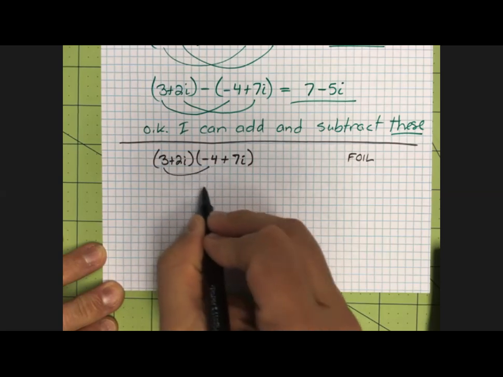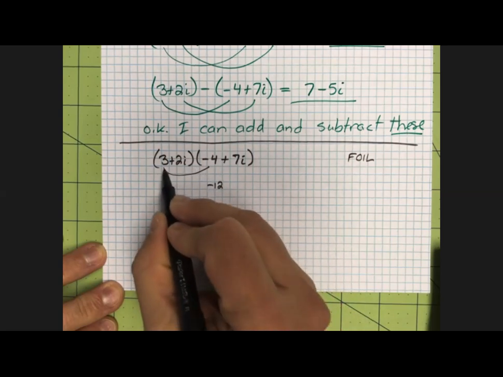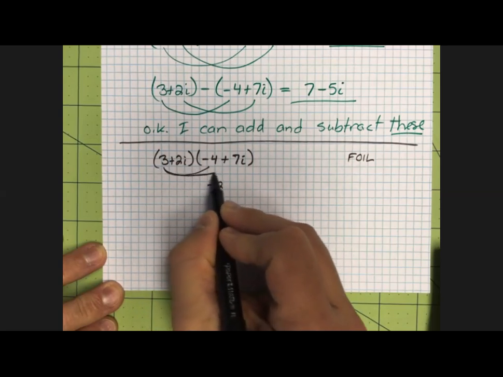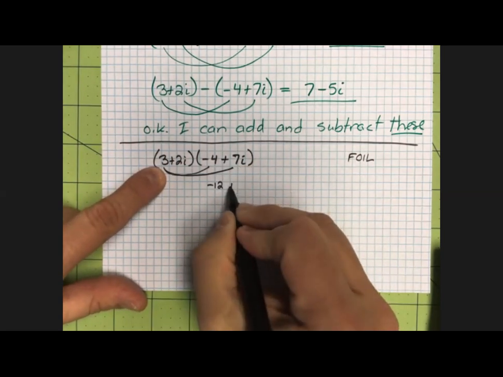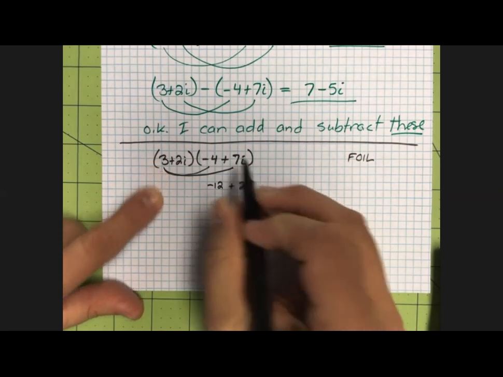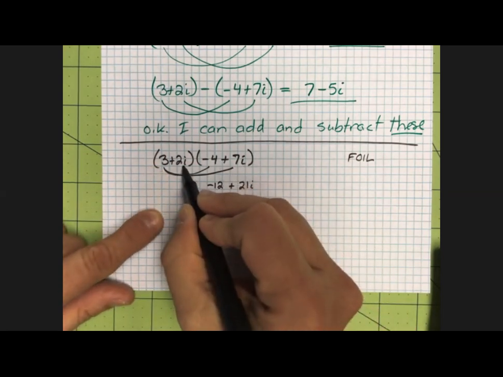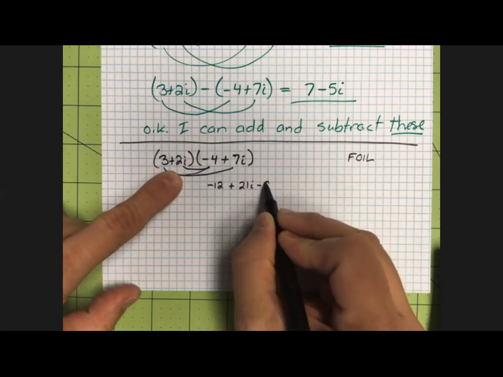First times first, -12. Outside, 3 times 7i, both positive, 21i. Inside, negative 4 times 2i is negative 8i.